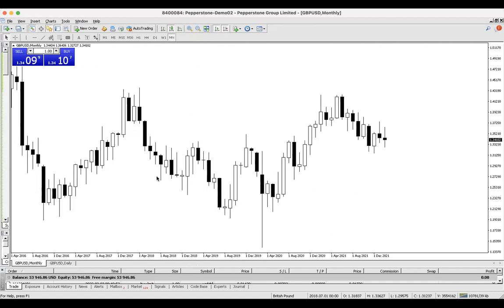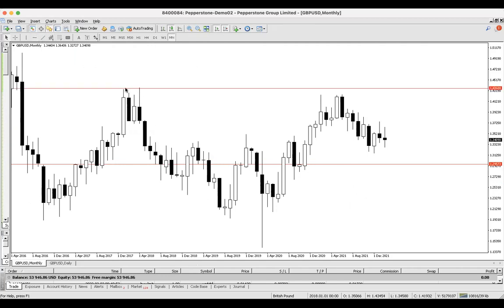This is a monthly time frame. Okay, so on this monthly time frame, price went down and turned here. Okay, and then at the top it turned somewhere here. All right.